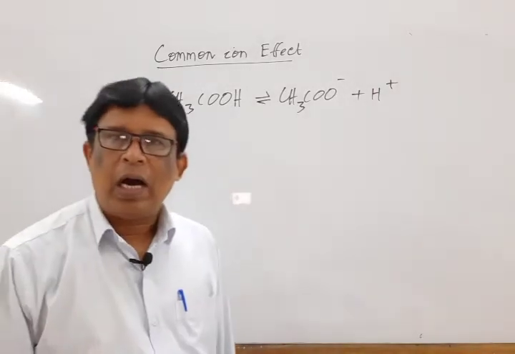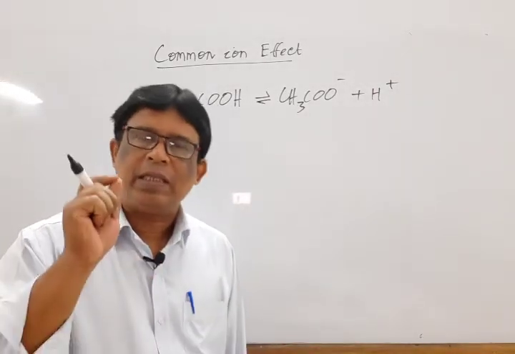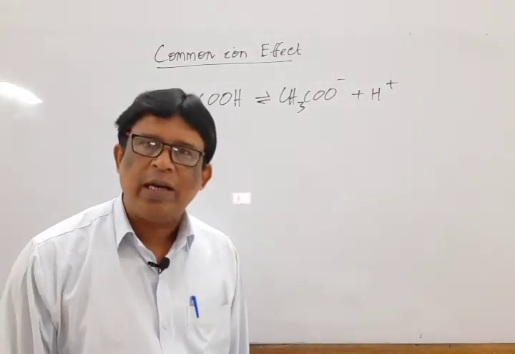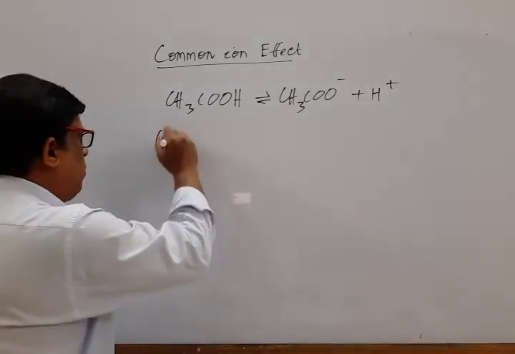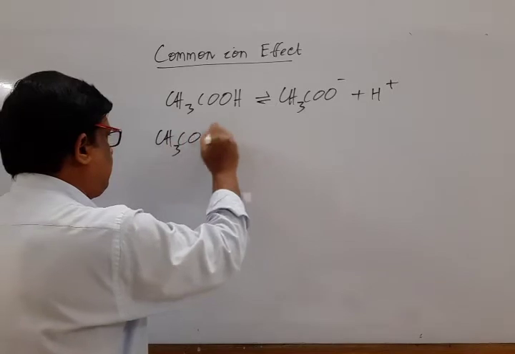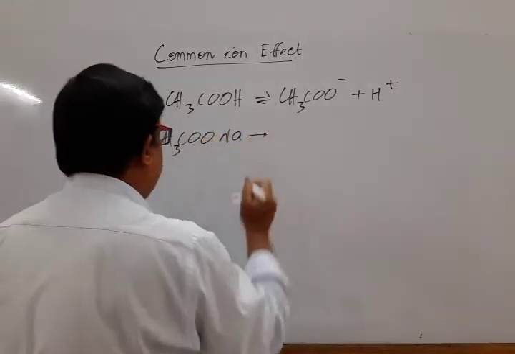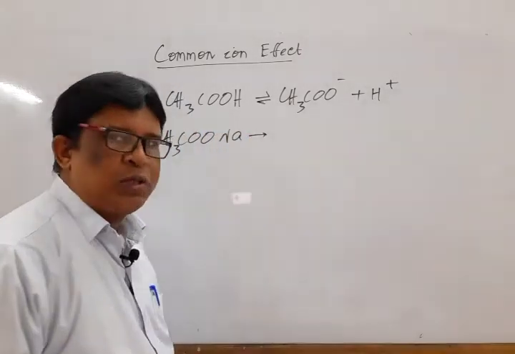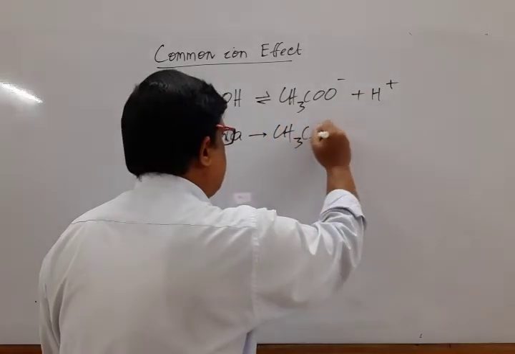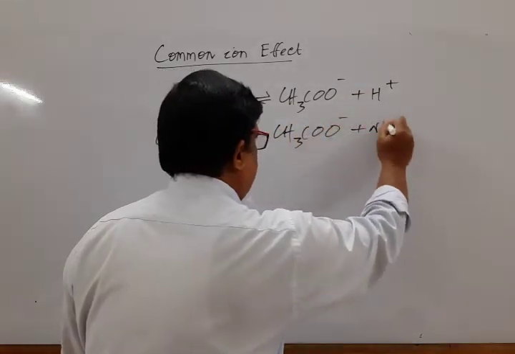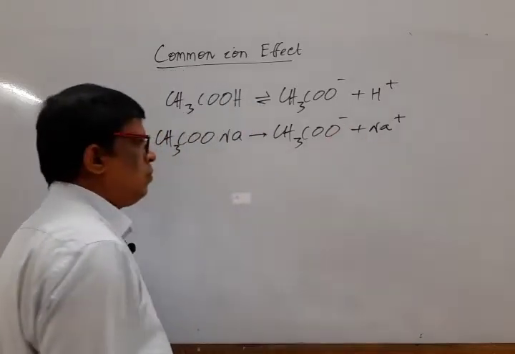So we have to add the specifically selected strong electrolyte having a common ion. That means we add sodium acetate. As it is a strong electrolyte, it will dissociate completely, resulting in the formation of acetate ion plus sodium ion.